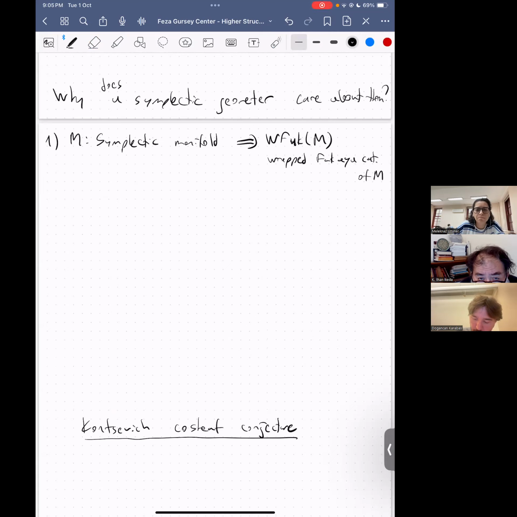So this is actually an A-infinity category, naturally. But any A-infinity category is equivalent to a DG category. So there's also a DG model for this.